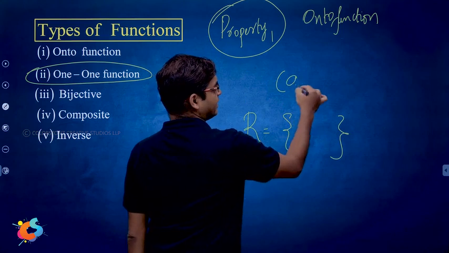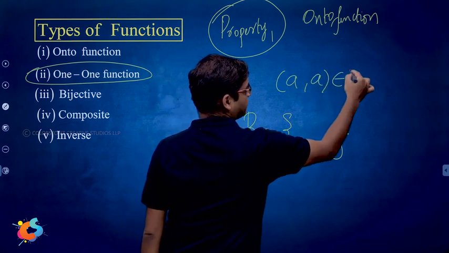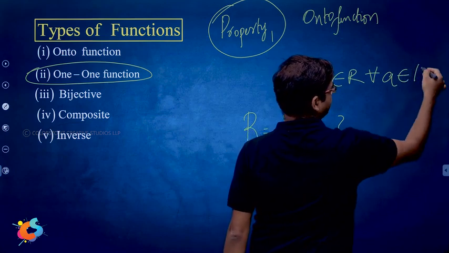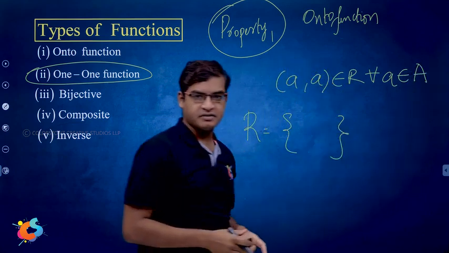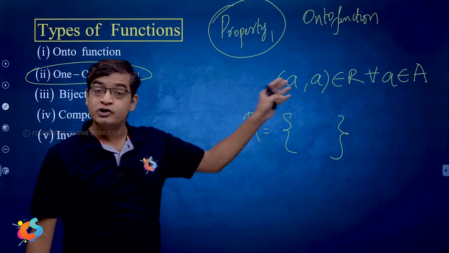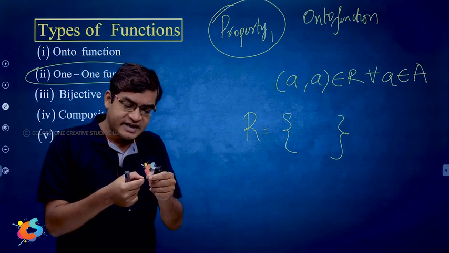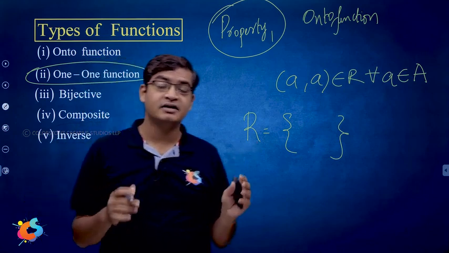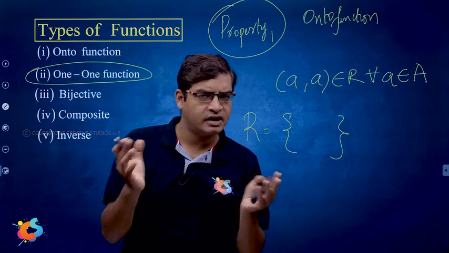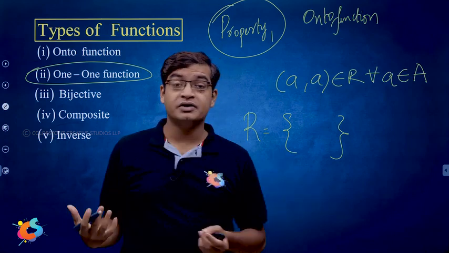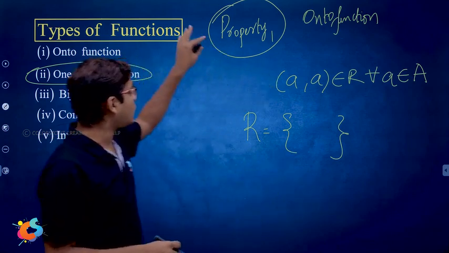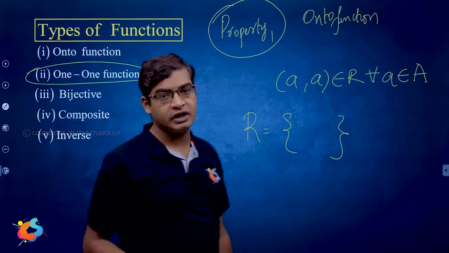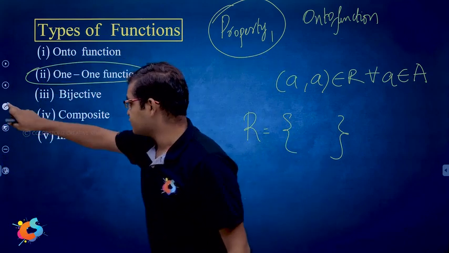On the basis that (a, a) belongs to R for all a belonging to the set on which the relation is defined, isn't it? (a, a) should belong to R. Every element of the set should be mapped to the same element. If that is happening, then that relation is given a specific name, right? So therefore, here also it is the same thing. You have a specific property. If it is following it, you will give a name like that. Okay. So these are the types of functions.